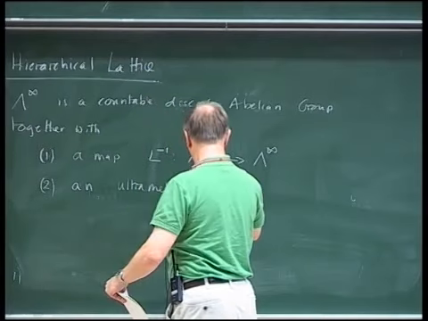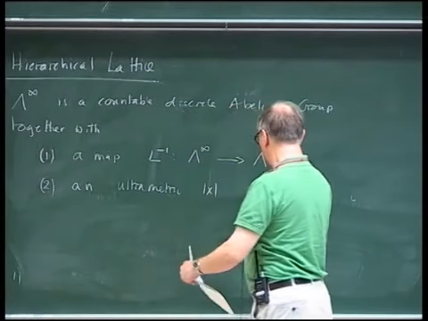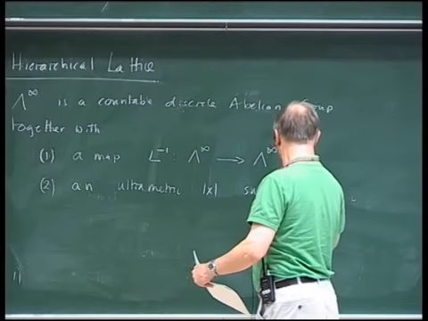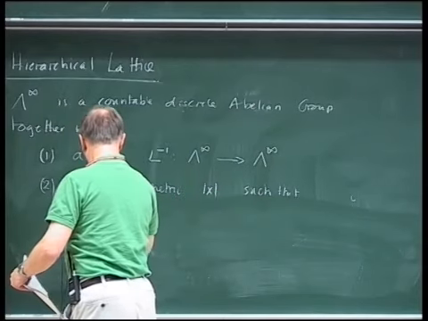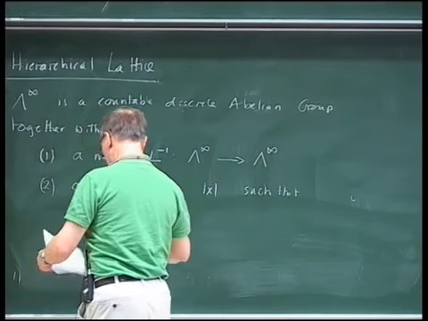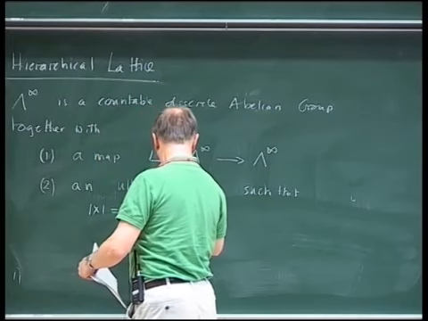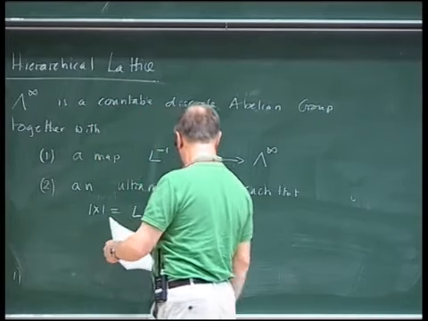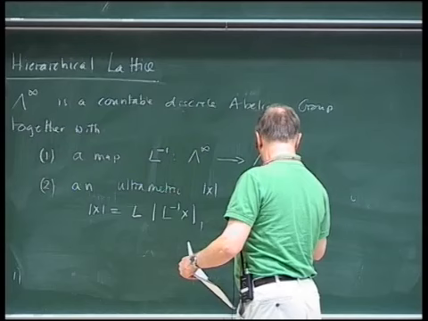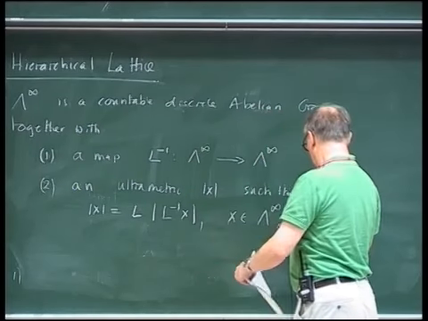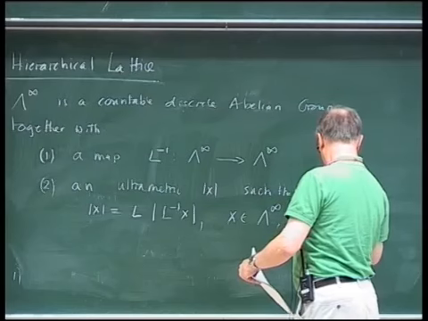The ultra metric, absolute value of x, is such that it interacts well with this scaling. Namely, the norm of x is L times the norm of L inverse of x. And this is true for the x's in lambda infinity, just so long as L inverse of x is not 0.